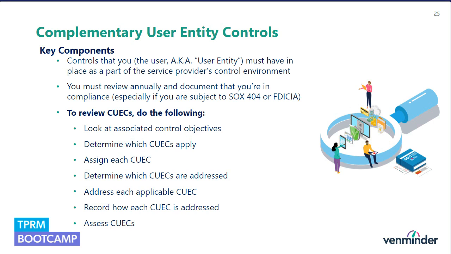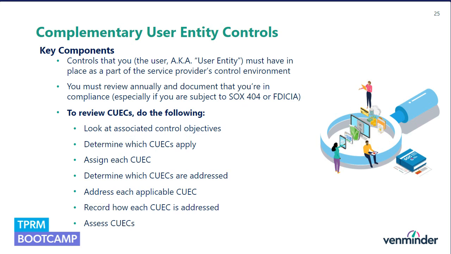Determine which CUECs are addressed already through your program policies and processes, your internal and external audits. And if you know that you're doing things and they're just not written down, so unwritten controls, document them. A lot of times you're doing things that you don't even realize you're doing because they're not written down, and so this is a good exercise, because if it's not documented, it doesn't exist.